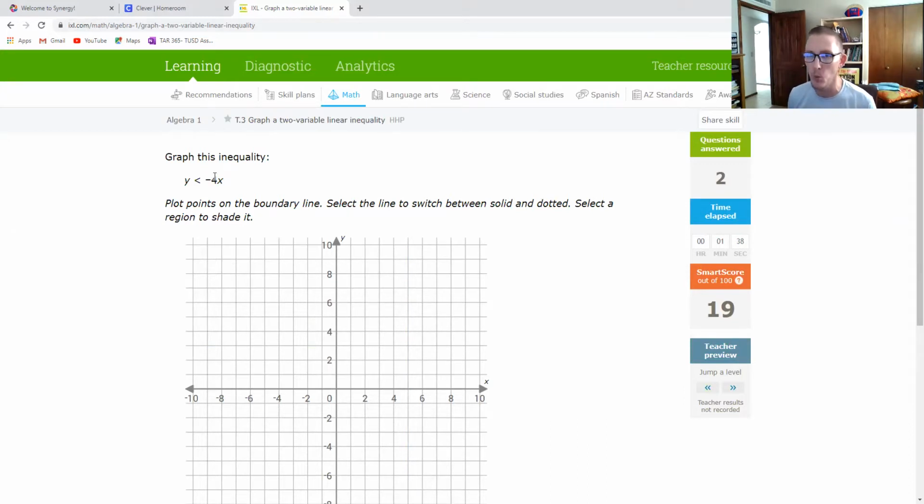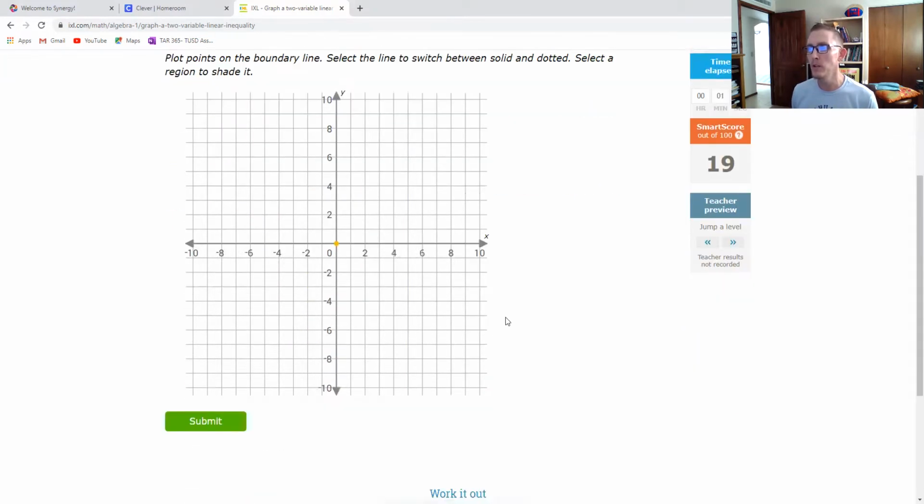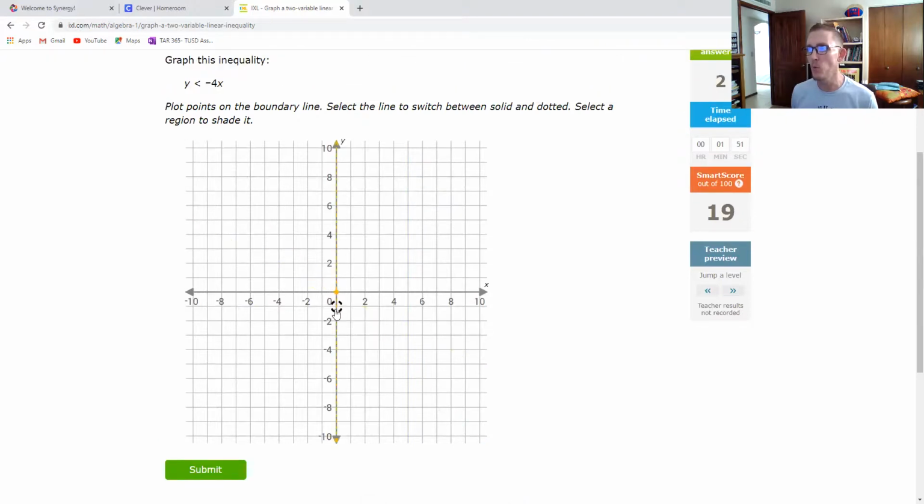Okay. y is less than negative 4x. So here's a linear one that's going to go diagonal. There is no y-intercept at the end, so my first point is at 0. My slope is negative 4 over 1, so I'm going to go down 4, 1, 2, 3, 4 over 1. And I draw the line. Now, do I want it to be solid or dotted? Well, y is less than, so I'm going to go back to this and click it again so that it is dotted.